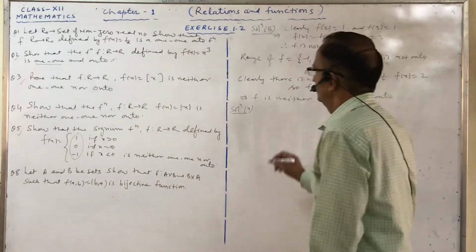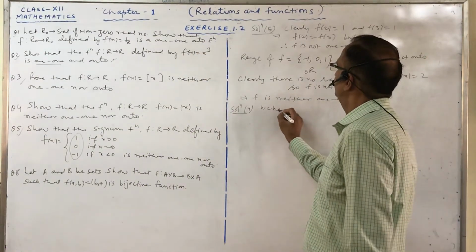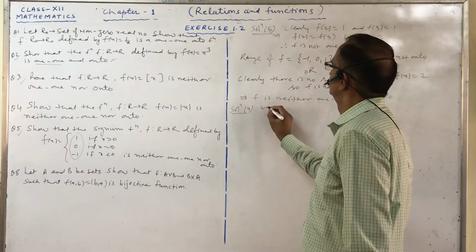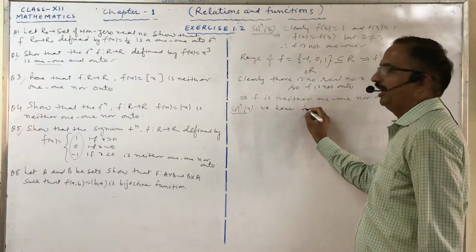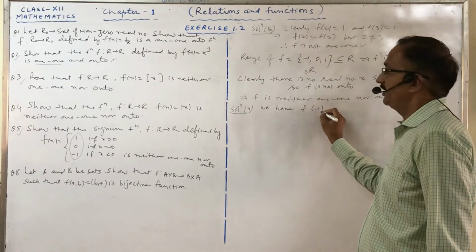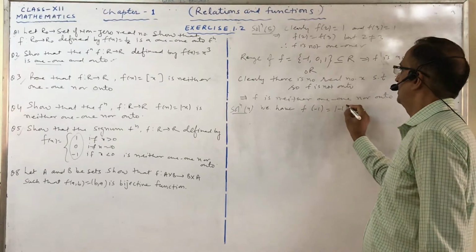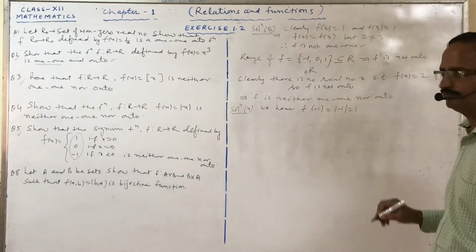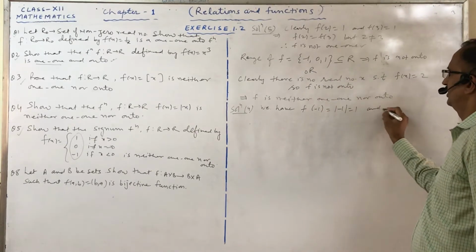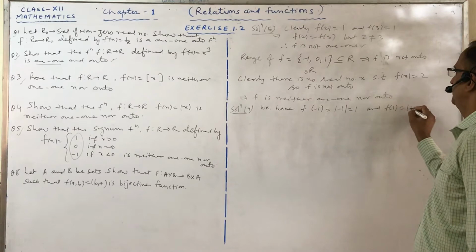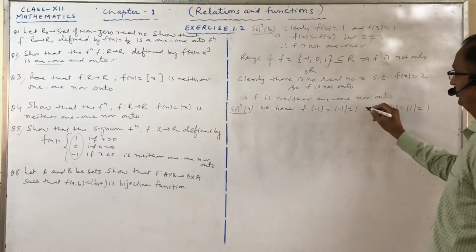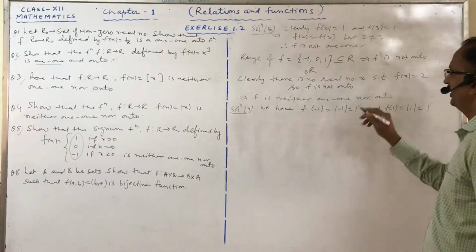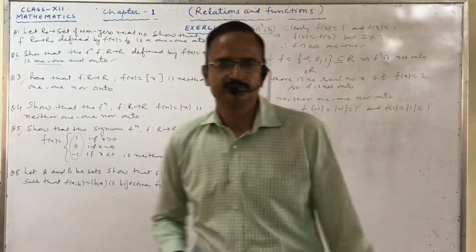So we can write we have f of -1, means answer is what? 1. And f of 1 means the answer is 1. So look, images are same, but the elements are not same.